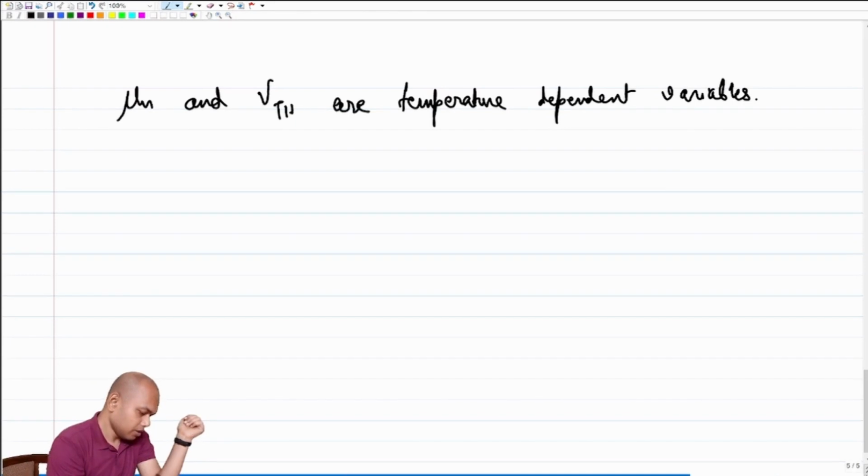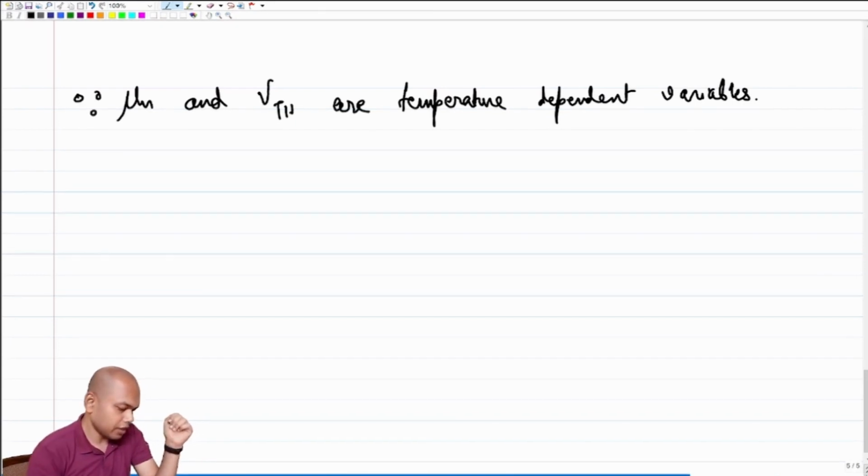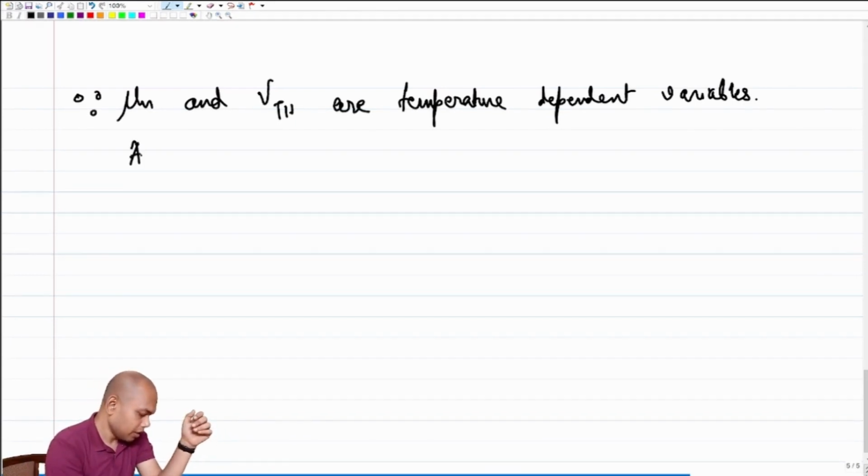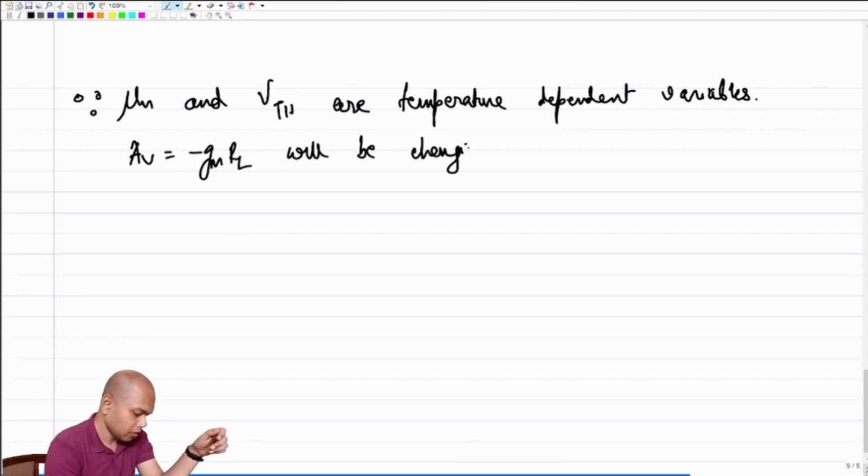Since mu n and threshold voltage are temperature dependent variables, AV, that is minus Gm times RL, will be changing with temperature.